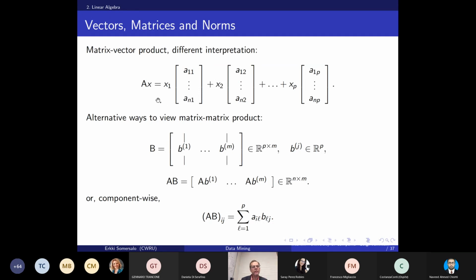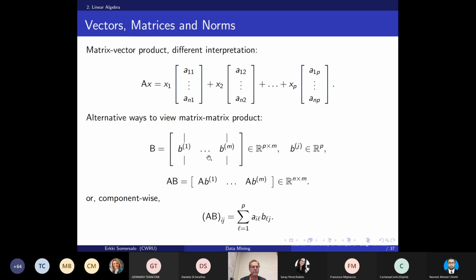Here is a different interpretation. A of x is a vector which is a linear combination of the columns of the matrix A. You take a linear combination of the columns, and the multipliers are x1, x2, etc., xp, that is, the components of x. So A of x is a special linear combination of columns of A, and that's a useful way of looking at matrix vector products.